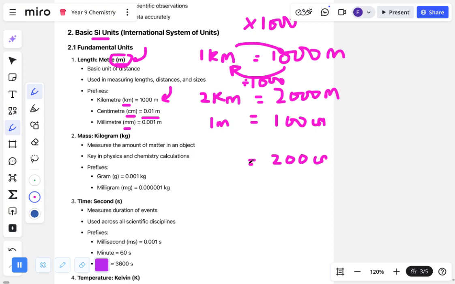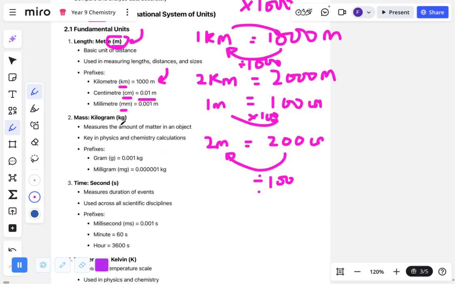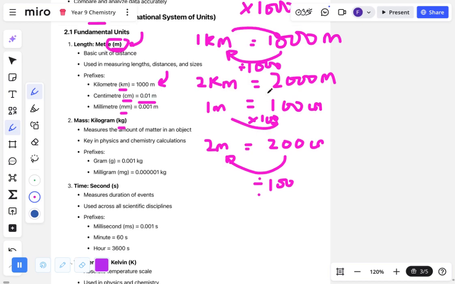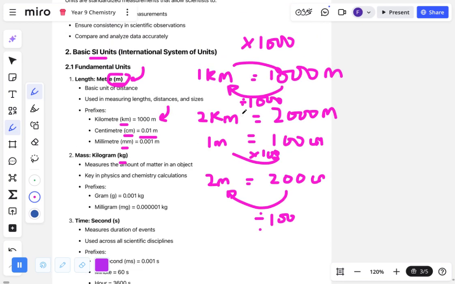Well, we know that's 2 meters. How do I go from one to another? From meters to centimeters, I times by 100. So to go from centimeters to meters, I divide by 100. And it's an idea of thinking about it before you do a calculation. Now, the same is true for kilograms, and I'm not going to show you how to do it. I hope this idea of how I was thinking helps me work it out.